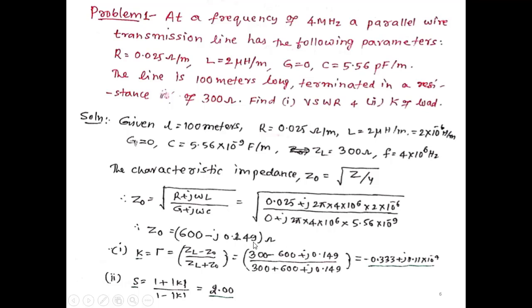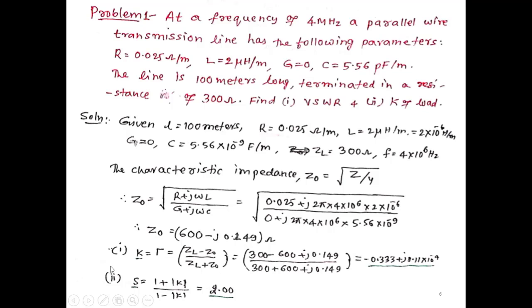Again, you have to convert rectangular to polar coordinates for the numerator terms and denominator terms and divide. And after dividing, again you have to convert polar to rectangular coordinates. You will get minus 0.333 plus j 0.11 into 10 raised to minus 4.